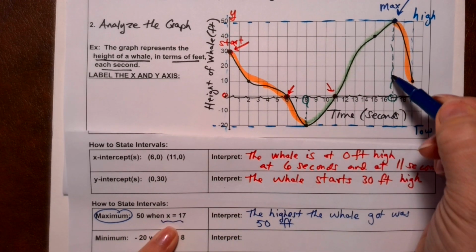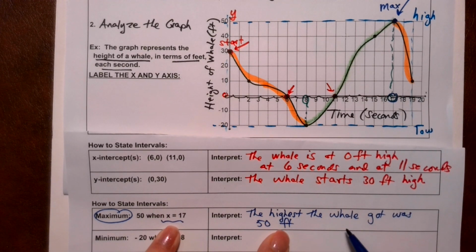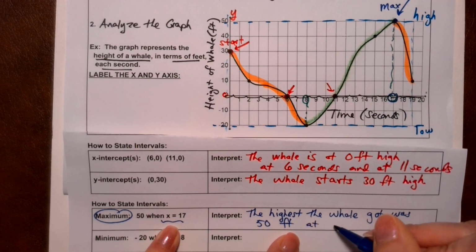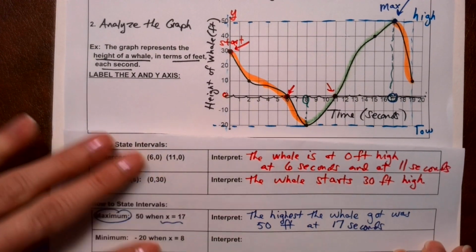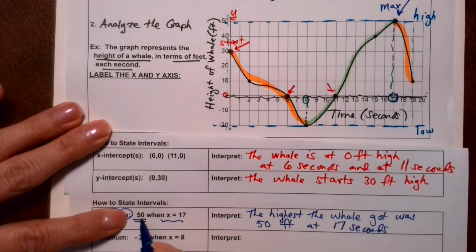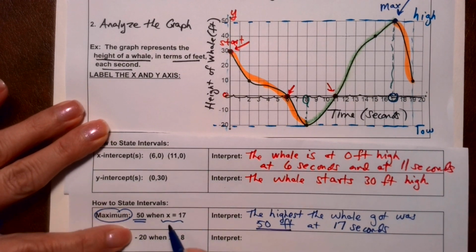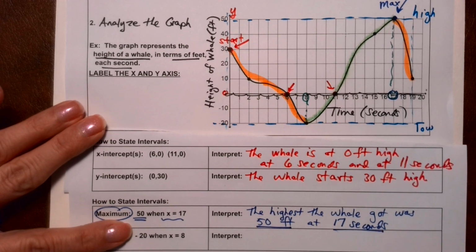Well, that happened at 17 seconds. The highest the whale got was 50 feet at 17 seconds. The important thing to do is make sure you mention this number and those units, this number and his units when you're interpreting your sentence.